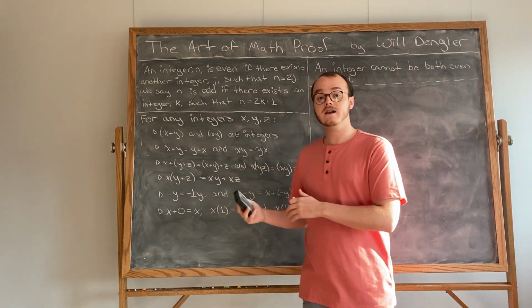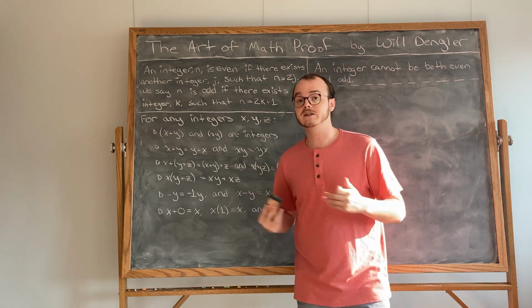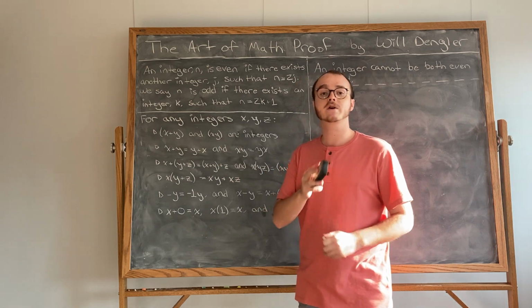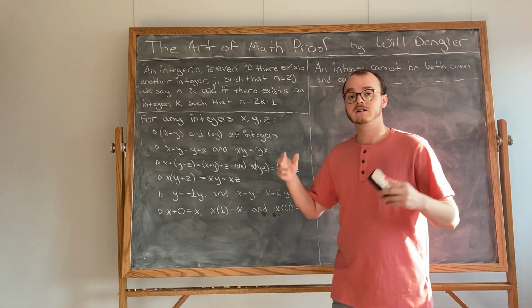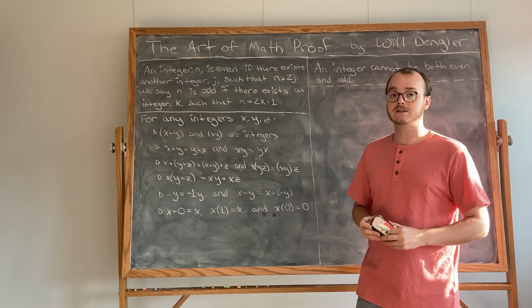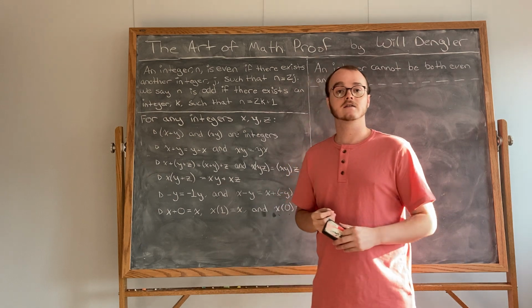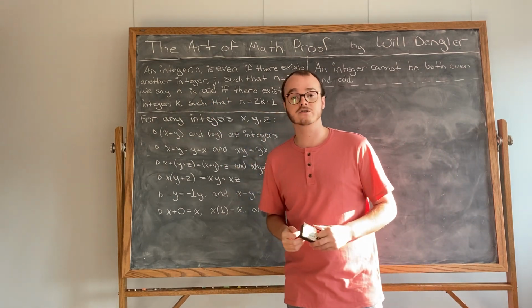Now, I'm not saying that the two ideas are completely independent of one another. I'm saying that the way we have written them, the way we have chosen to define evenness and oddness, has made them independent of one another. We do not yet know if there is any formal relationship between even and odd integers.